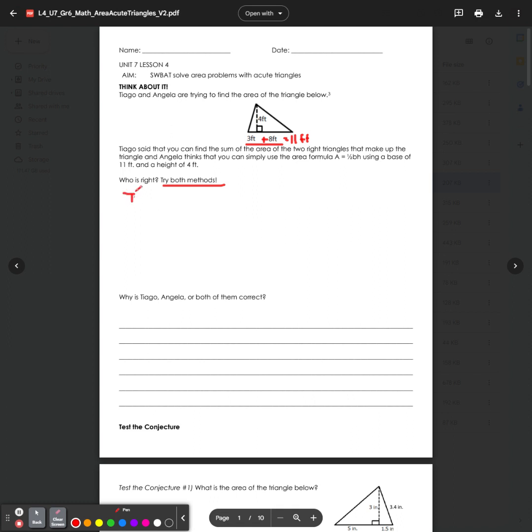So first off with Tiago. Tiago says, hey, I see this triangle here, which is 3 feet times 4 feet, and then divide by 2. And then he says also, hey, I see this second triangle that's here, which is 4 feet by 8 feet, and again, divide by 2.